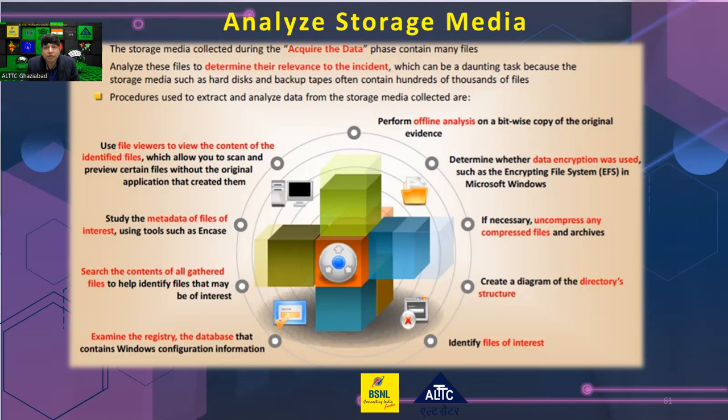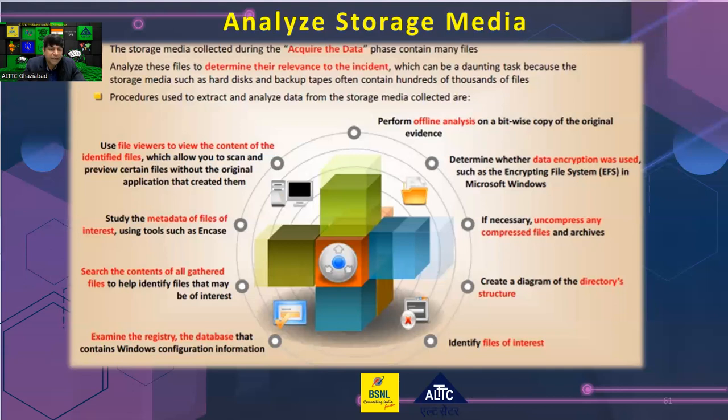Storage media such as hard disks and backup tapes often contain hundreds of thousands of files. The procedure used to extract and analyze data from the storage media collected is as follows. Use a file viewer to view the content of the identified files, which allows you to scan and preview certain files without the original application that created them. Perform offline analysis on a bitwise copy of the evidence.